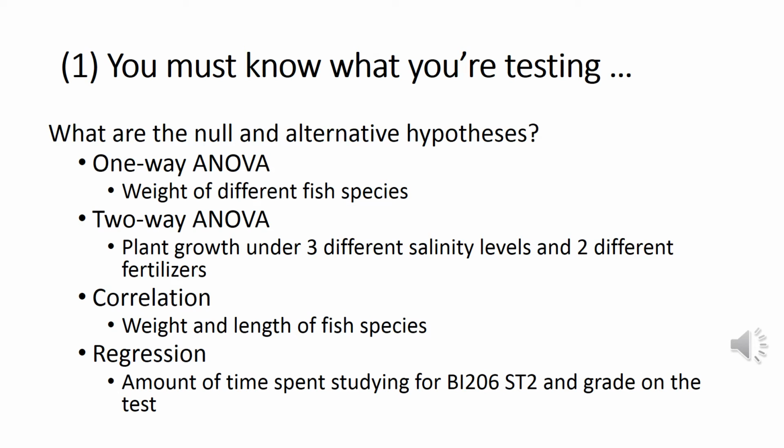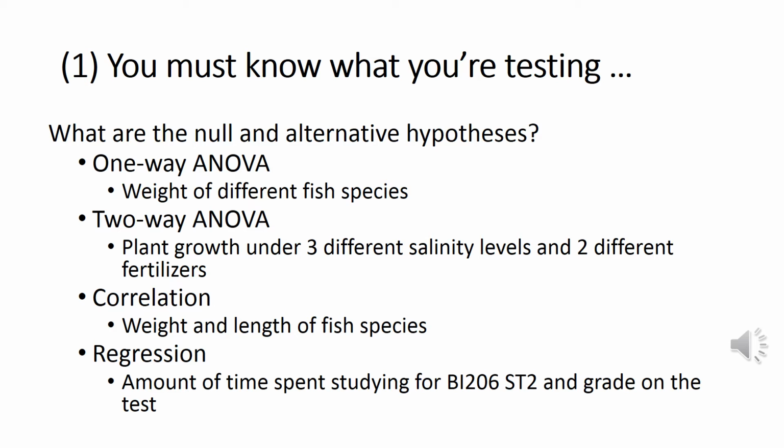Tip number 1, you must know the research question that is actually being asked. In BI 206, we frame this in terms of our null hypothesis and our alternative hypothesis. Make sure you can give a specific null and alternative hypotheses for each of the examples listed here. For example, the alternative hypothesis for one-way ANOVA would be that the average weight of at least one of the fish species is significantly different than the other fish species.